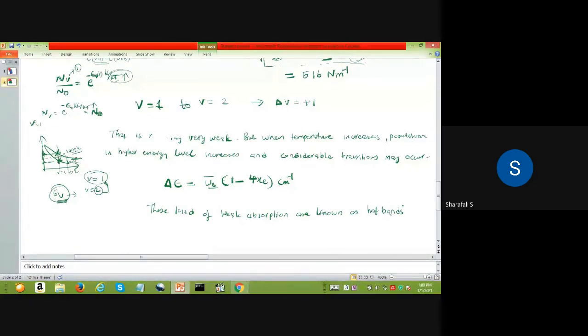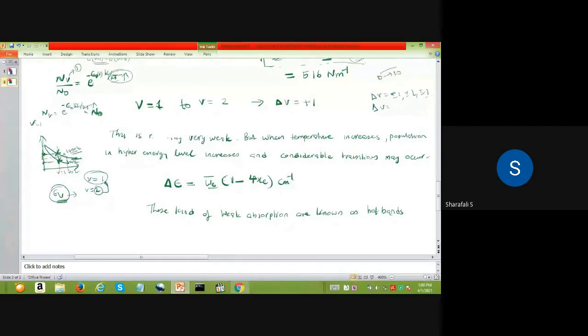V equal to 0 to V equal to 10 directly is not possible. Don't confuse that. Directly from 0 to 10 is not possible because your selection rule delta V is equal to plus or minus 1, plus or minus 2, plus or minus 3. In this case it is possible, but if you consider the rate, it will be very small. What will be the delta V for 0 to 10?